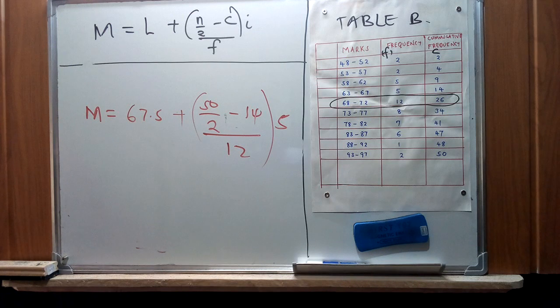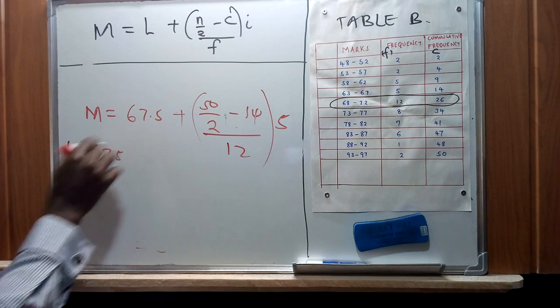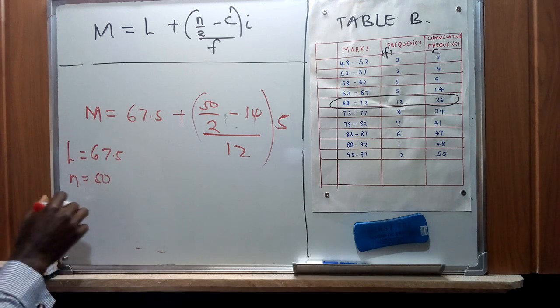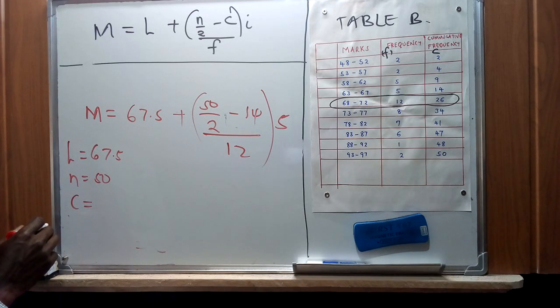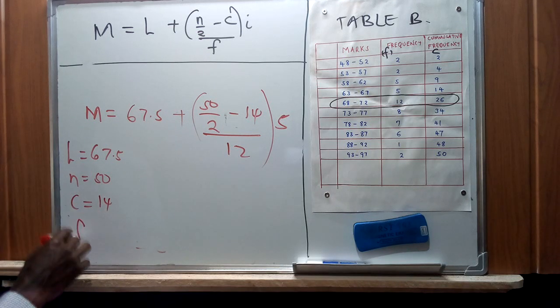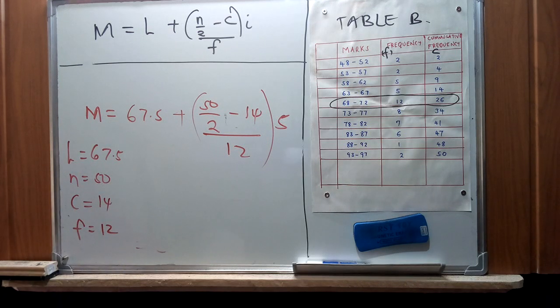Therefore, our median, now that we have identified L as 67.5, N as 50, which is our frequency, the cumulative frequency above the median class, which is 14, and then the frequency F of the median class, which is 12, and then I is our interval, which we have said is 5.